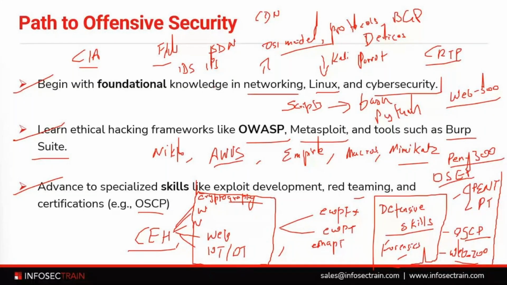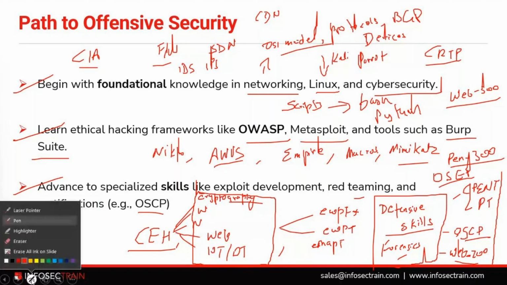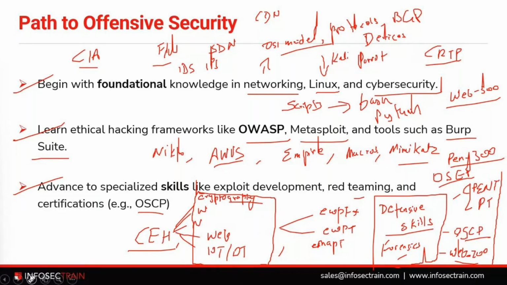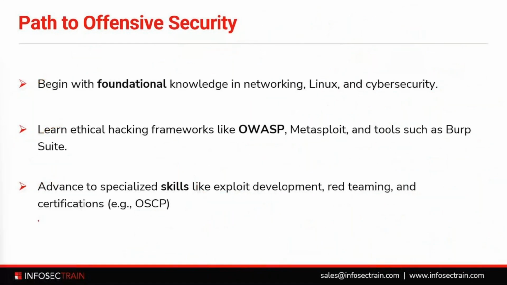Now, apart from these certifications, you can do certifications from SANS also. Let's say you are doing GPEN, the GIAC Penetration Tester. But the thing is, these are very expensive certifications.